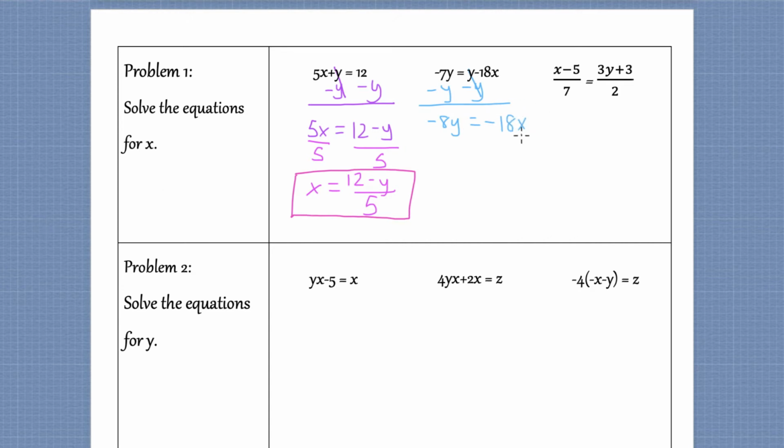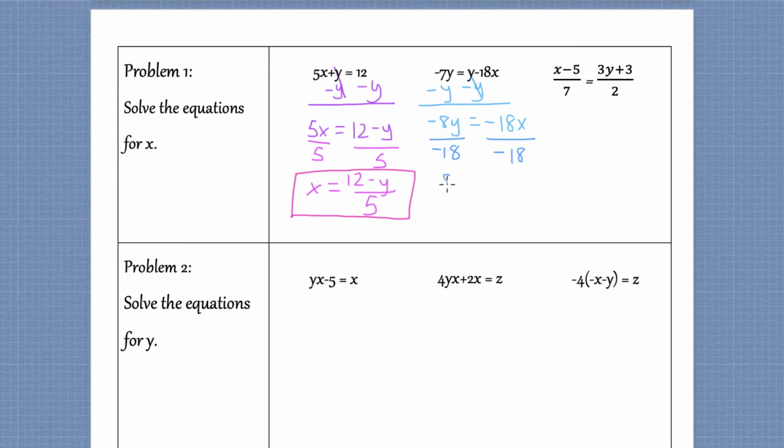Now what we want to do is just get the x term alone, so divide both sides by negative 18 right here. And so we divide negative 8y by negative 18, and since we're dividing a negative by another negative, our answer will be positive.